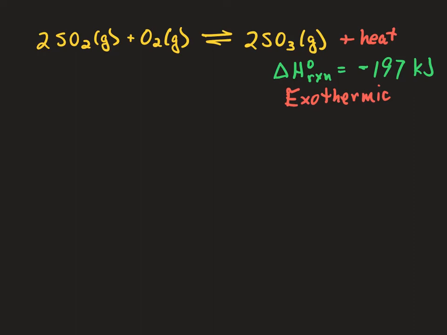So they give us two potential changes. Change one is we are going to compress this reaction by reducing the volume of the container. So imagine that we had the reaction in a container with a movable wall, and then we push that wall down to reduce the volume of the container.